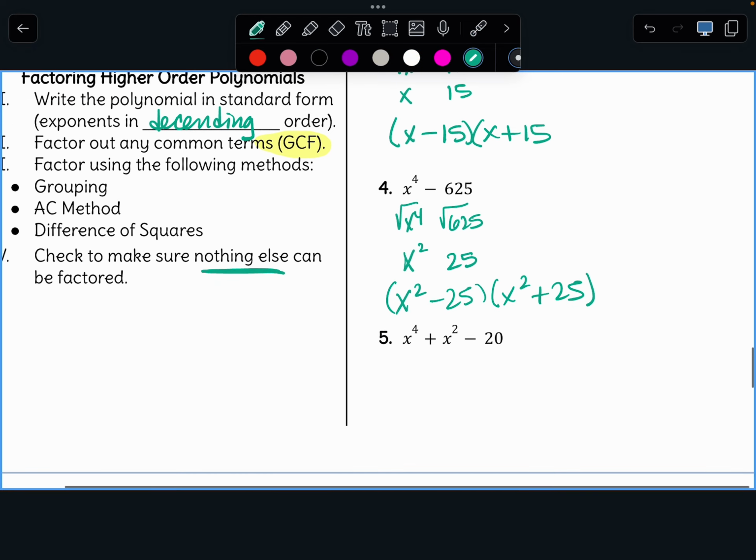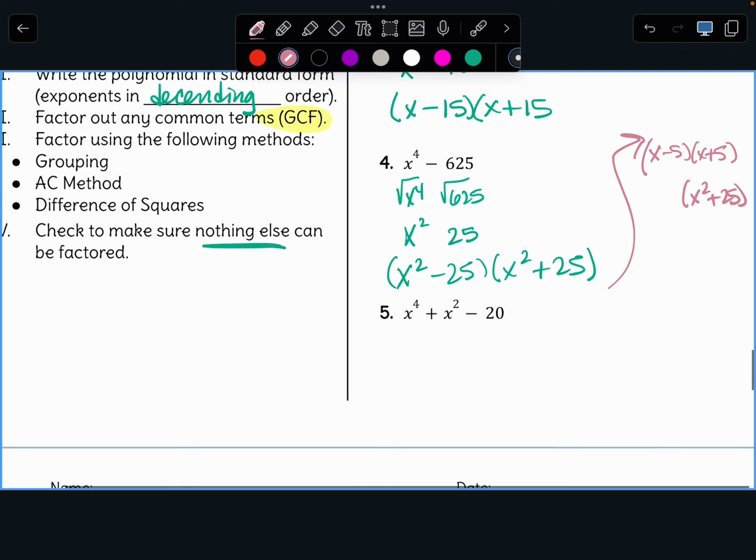So then I have x minus 5, x plus 5 times x squared plus 25. That should all be in one row, but I ran out of room. So make sure that you can break it down all the way to the last one.